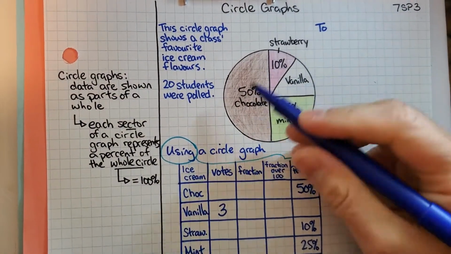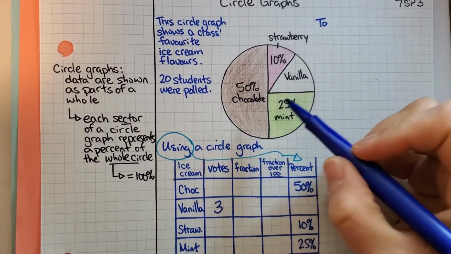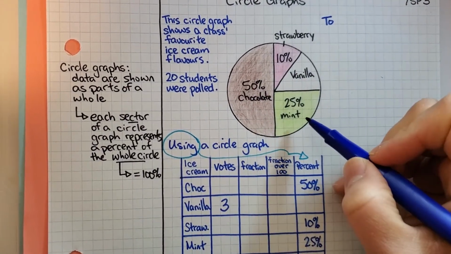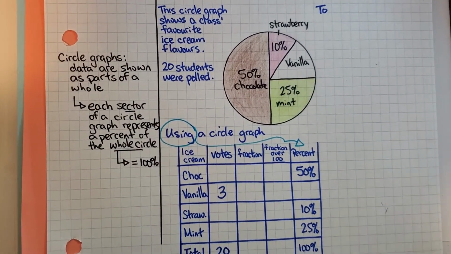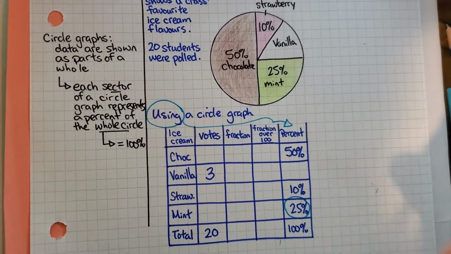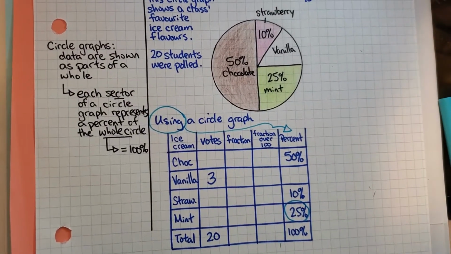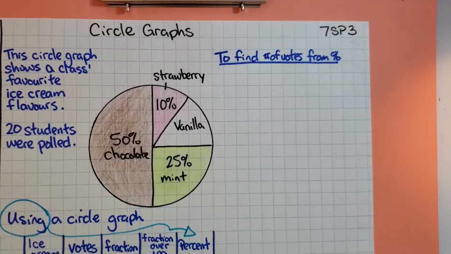So we're going to use this circle graph. We're going to try and figure out how many students actually like mint. So mint flavored ice cream, well, we have that at 25% of the kids like that. So how do we go from percent to like total number of kids?